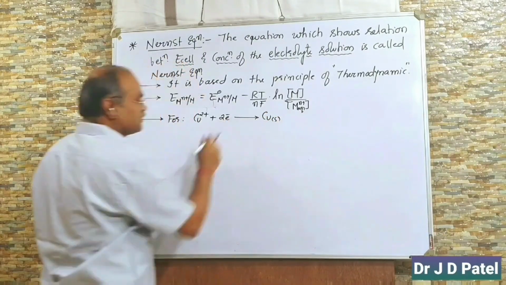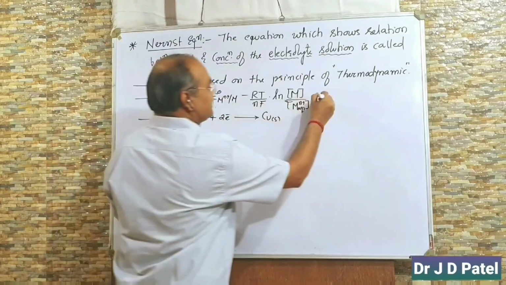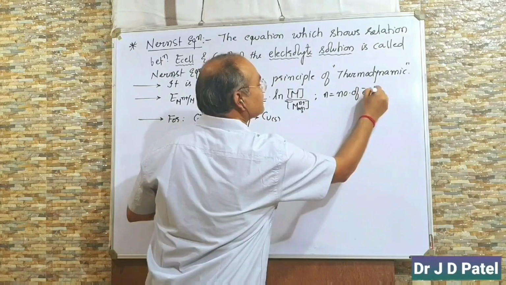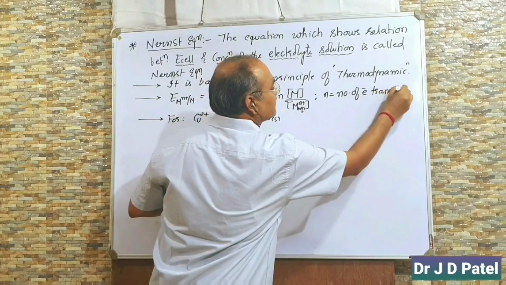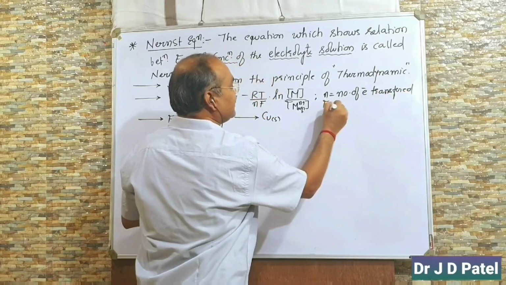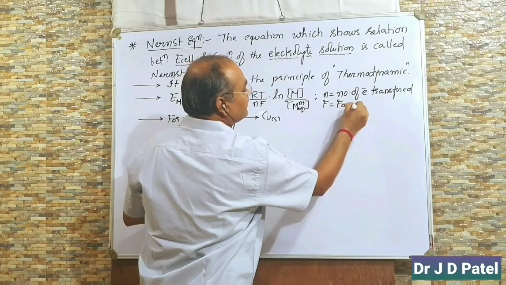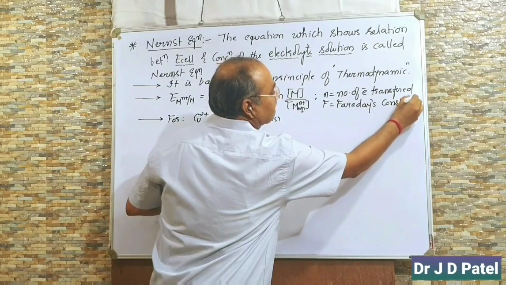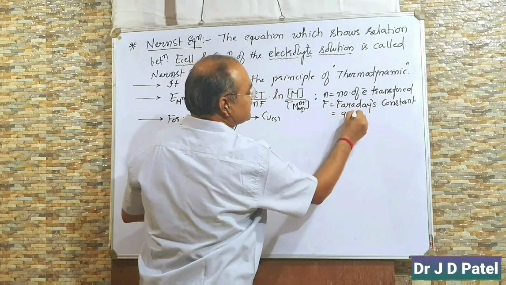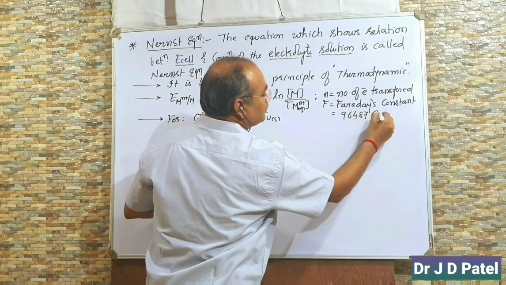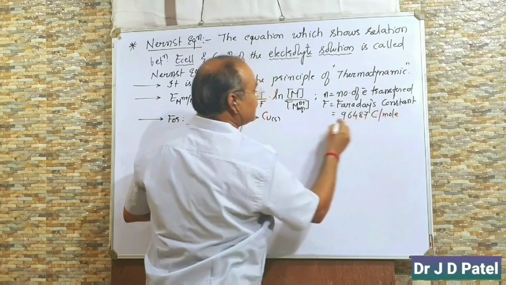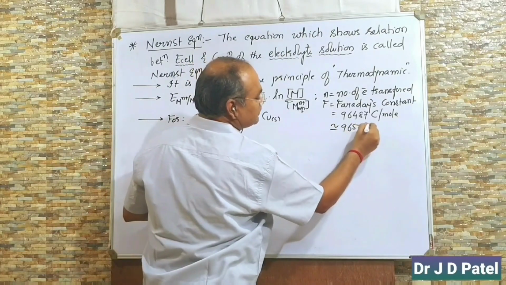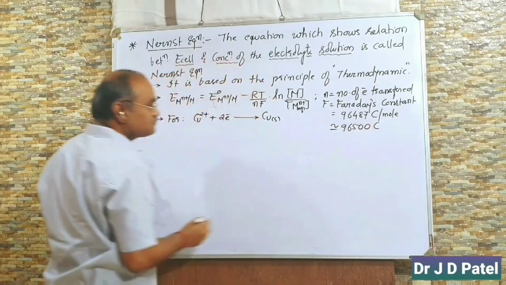Before that, here n is the number of electrons transferred, F is Faraday's constant, which is 96487 coulomb per mole, right? Exact value, and approximately you can say 96500 coulomb, right?